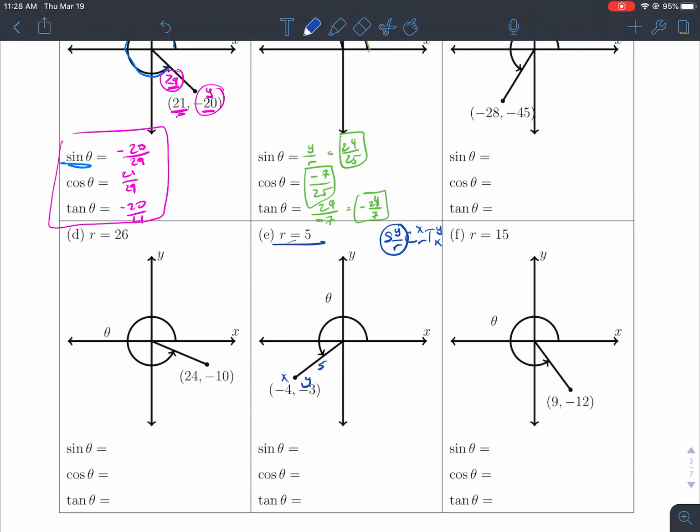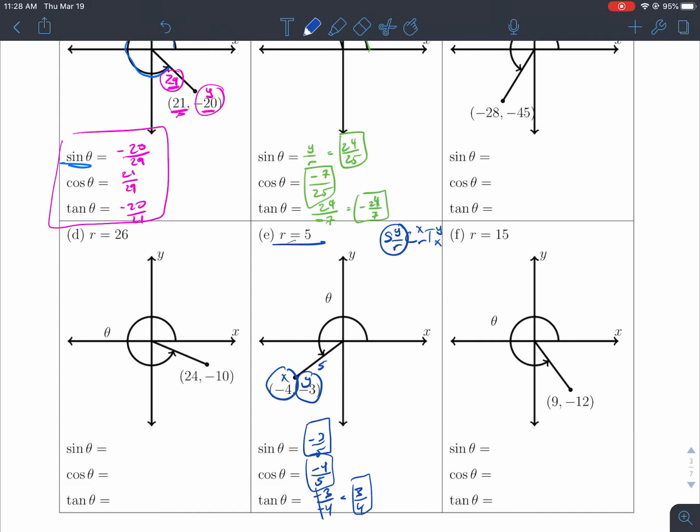And so y over r gives us negative 3 over 5. Cosine theta was negative 4 over 5 because it was x over r. And tangent of theta is y over x, so negative 3 over negative 4. And this is why we did this one. Negatives cancel out here because we have a negative divided by a negative, and that just gives us 3 over 4.